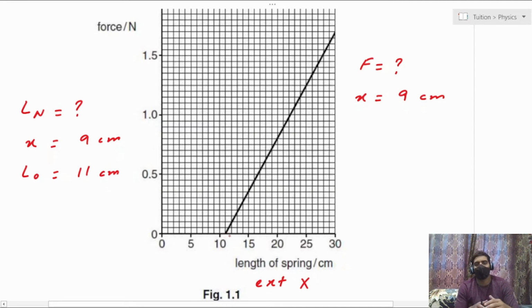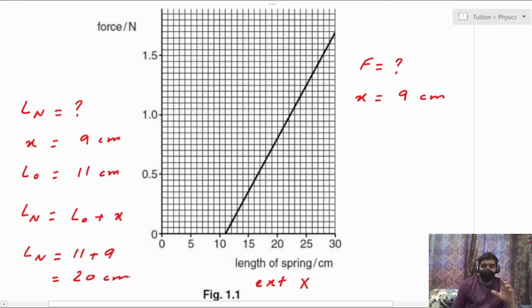So that point corresponds to the original length. When there's an extension of 9 centimeters, the new length, or the overall length of the spring, would be the original length plus the extension, which is 11 plus 9, and that means 20 centimeters.